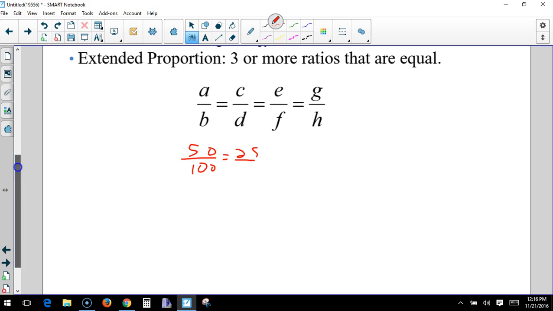Oh, that's 25 over 50. Hey, let's divide by 5. That's 5 over 10. Hey, let's divide by 5 again. And say that's 1 over 2. So every time you were simplifying fractions way back when, you were just writing extended proportions. Because all of those fractions were equal to each other, all those ratios.